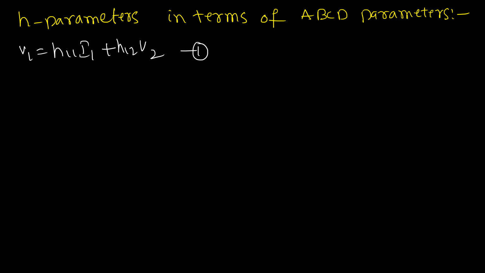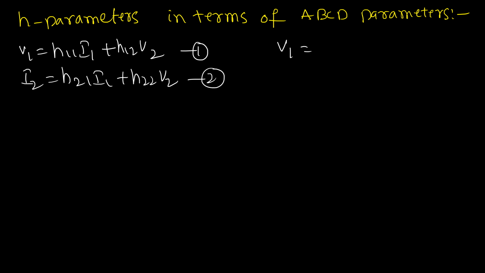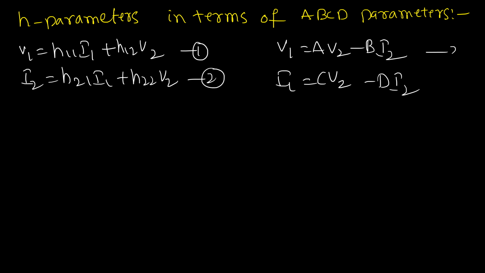First equation. Now I2 equal to H21 into I1 plus H22 into V2. Second equation. Now ABCD parameter equations, that is V1 equal to A V2 minus B I2. Now I1 equal to C V2 minus D I2. Call it as equation 3 and 4.